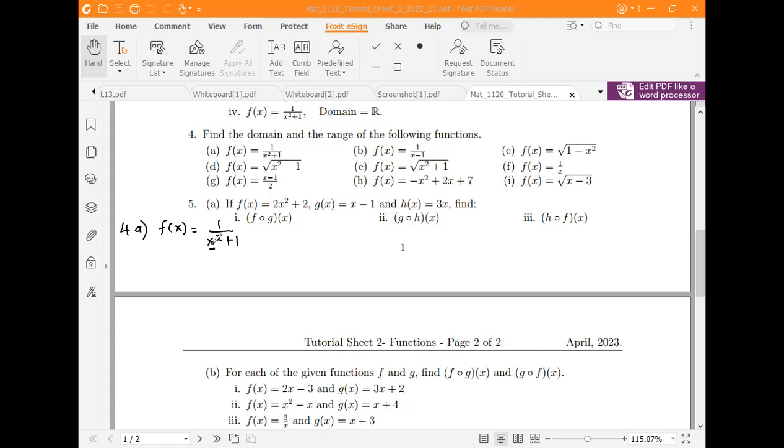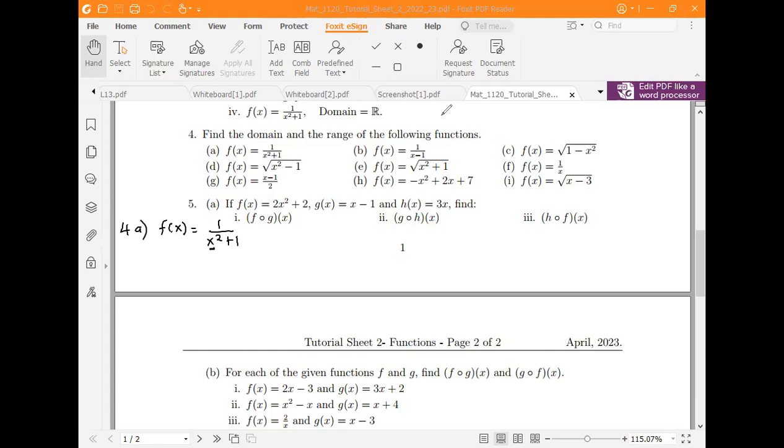If x is squared, it gives us a guarantee that any value you take there will be non-negative. The minimum is when we take 0, then we get 1 over 1. But any other number will give a positive value.